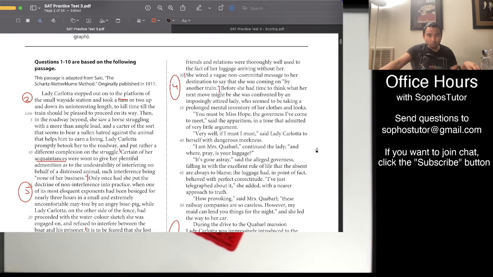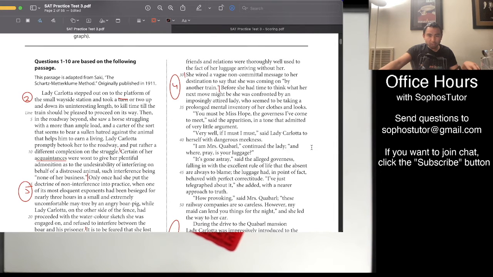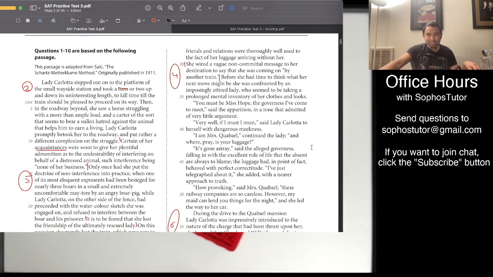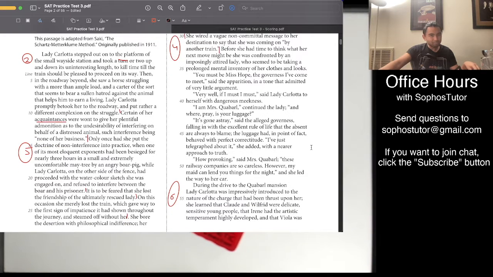"I am Mrs. Quabarl," continued the lady, "and where, pray, is your luggage?" "It's gone astray," said the alleged governess, falling in with the excellent rule of life that the absent are always to blame. The luggage had, in point of fact, behaved with perfect correctitude. "I've just telegraphed about it," she added, with a nearer approach to truth.